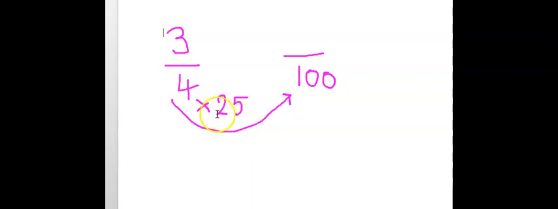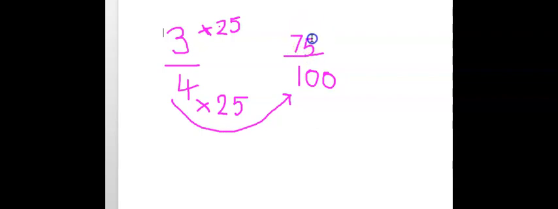Now, if we multiply the bottom by 25, or the denominator by 25, we have to do the same to the top. And that's my little times sign. Better make that look a bit better, hadn't I? 3/25s. I wonder what 3/25s are. Well, 2 25s are 50, and another 25 is 75.